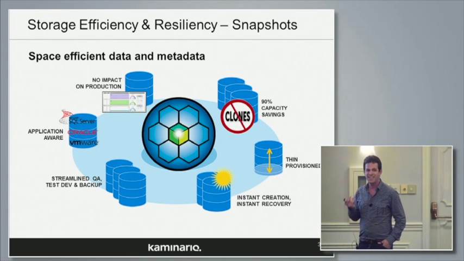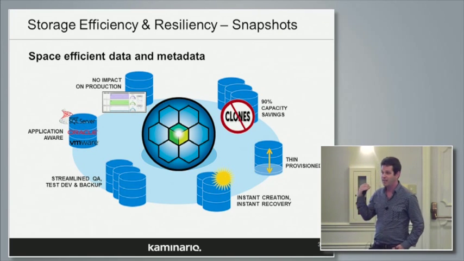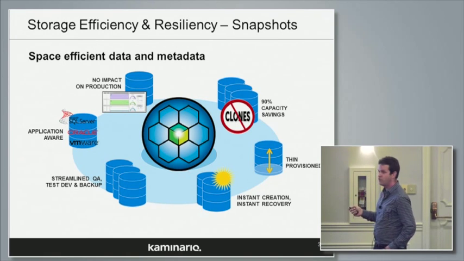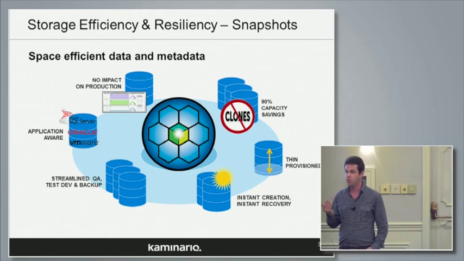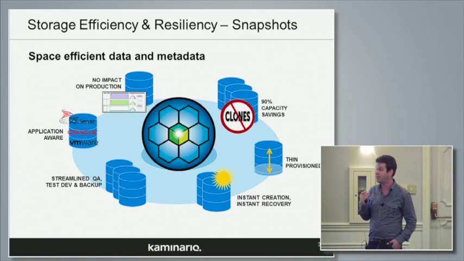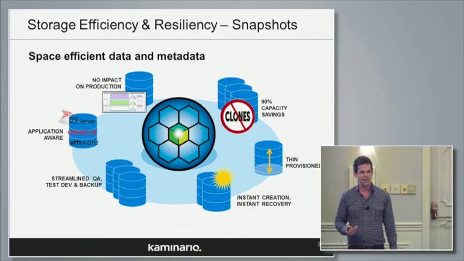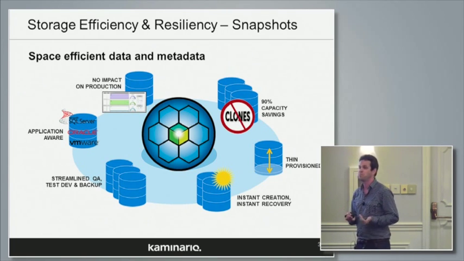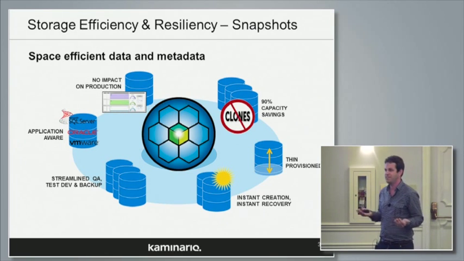We implement a native snapshot implementation where the data and the metadata are space efficient, with thin provisioning of our native small block size of 4K. So our allocation unit is 4K, so it's very efficient. And taking a snapshot, as we'll see in the demo, is like an IO operation. You will not notice any performance impact when taking a snapshot. So it's very different from what people think a snapshot is.